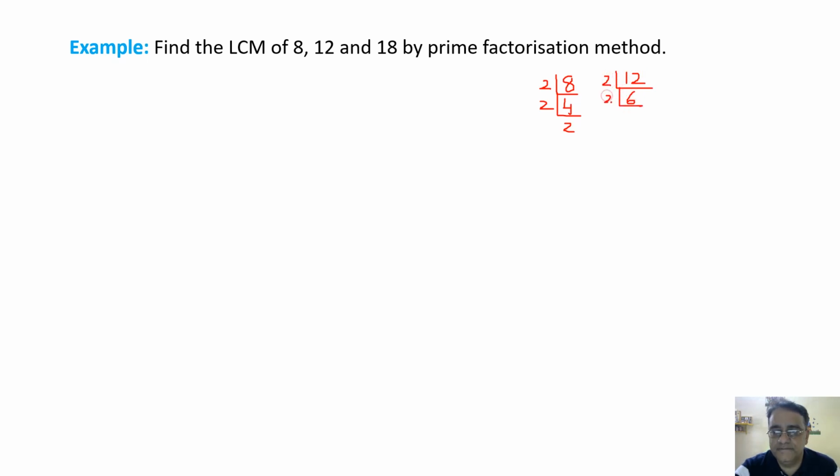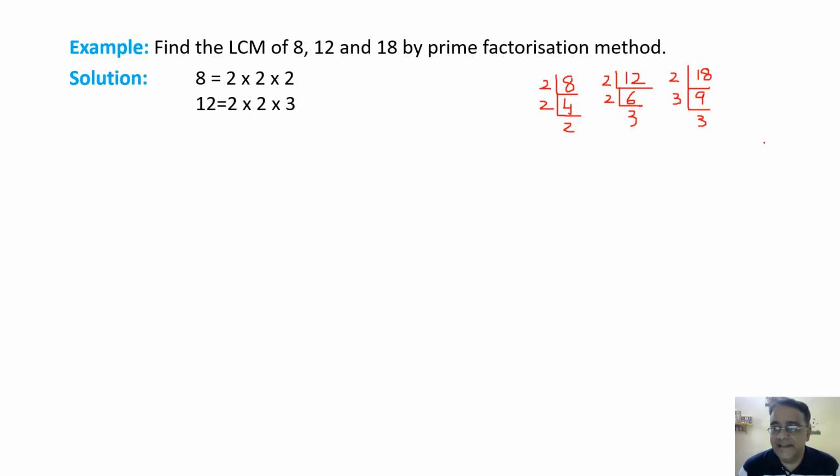Divided by 2, 3. Again we have to find the prime factorization of 18. So divided by 2 first, 9. Again we have to divide it by 3, 3. Right. So 8 we got 2 into 2 into 2, and 12 we got 2 into 2 into 3, and 18 we got 2 into 3 into 3.